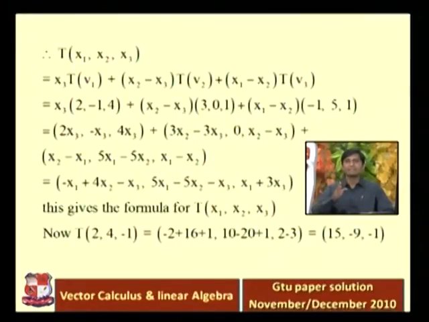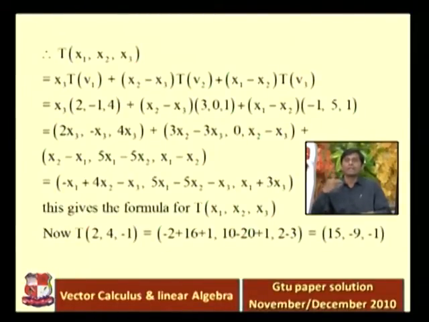Then minus x3 plus 0 plus 5x1 minus 5x2, so that is 5x1 minus 5x2 minus x3, then 4x3 plus x2 minus x3 plus x1 minus x2, that is x1 plus 3x3. Okay, so this is the given formula. This gives the formula T of x1, x2, x3.